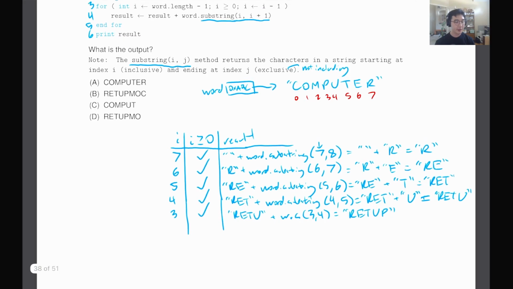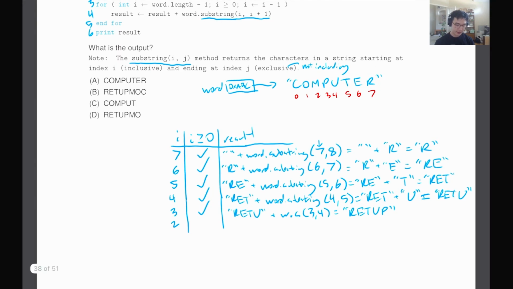Okay. I go to line 5. I loop back up. I go to the decrement. I is I minus 1. I is now 2. I go check my condition. Is 2 greater than 0? That is true.